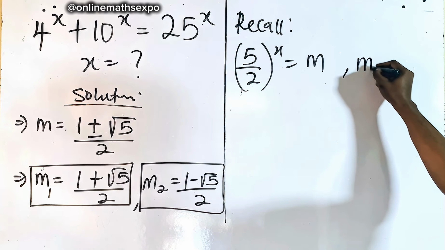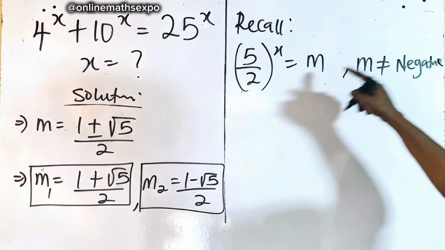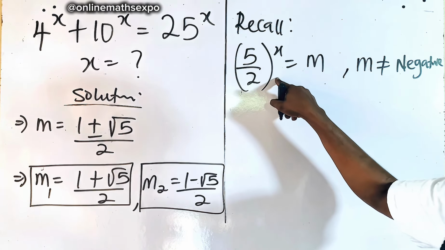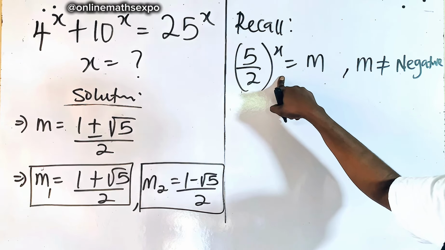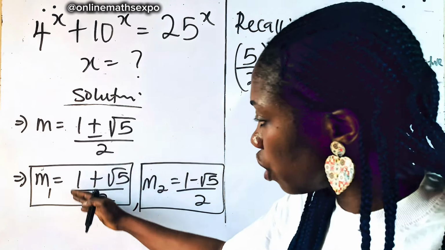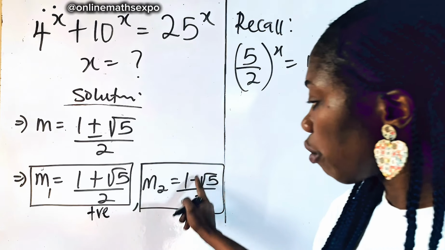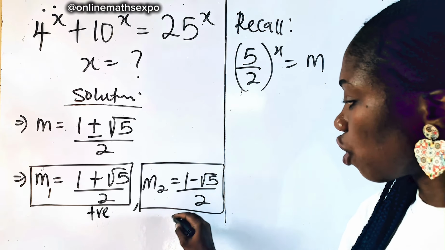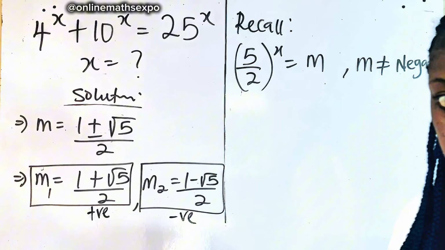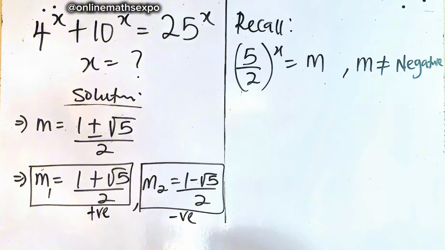M should not be equal to a negative value so that this equation will be satisfied. In that case, let's check the values of m. You see that when you simplify this one it gives us positive, and when you simplify this, it's going to give you a negative result. So in that case, we don't need this value of m.